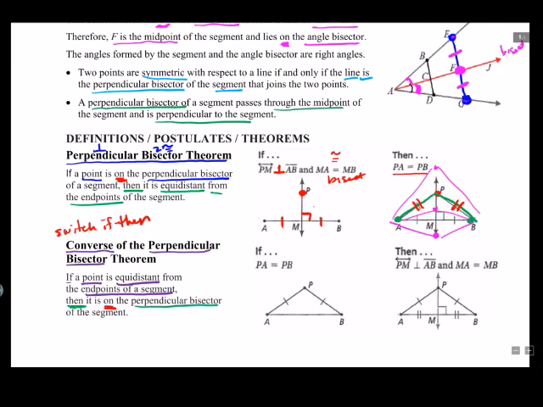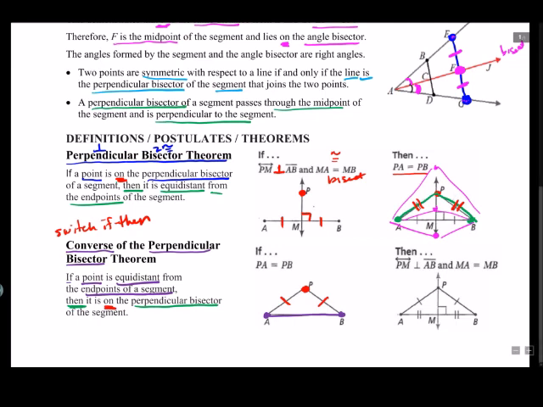So let's look at our diagram here. We are given a point and it is equidistant from the endpoints of our segment. We are shown on the diagram by congruent marks, or told in our given, length PA equals length PB. That means that they are congruent. They are equal lengths, equidistant.